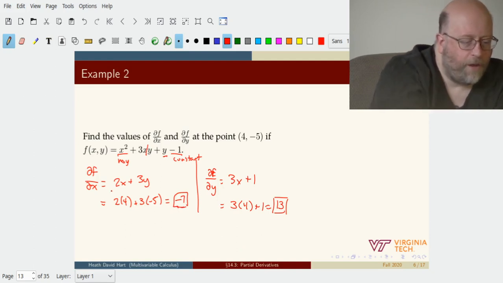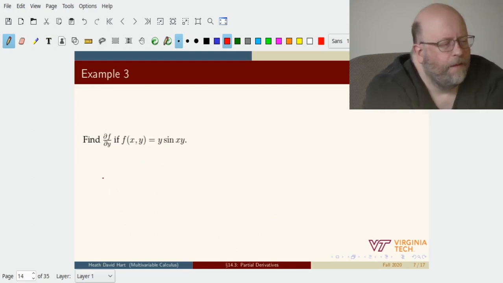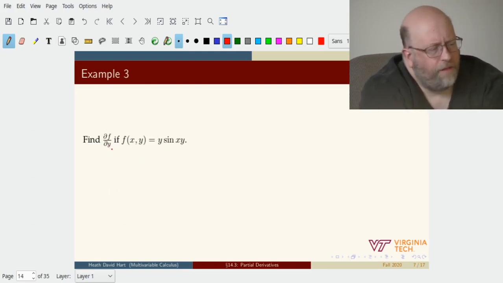All right, let's keep going. This time we're just looking at the derivative with respect to y. And we have y times the sine of xy. Well, we have two parts here, and both parts have a y in it. So we have to use the product rule.